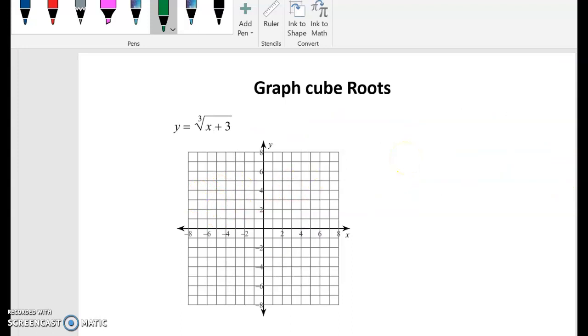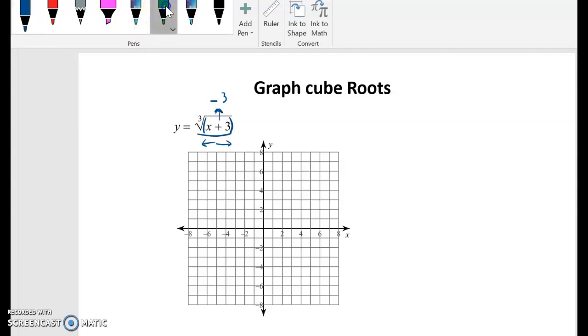Let me go back to blue for this. So the cube root of x plus 3 under the radical. Anytime we have x plus or minus something, it's going to be a left or a right movement. What determines that is the sign. We're going to take the opposite sign, take it as minus, and it's 3 units.